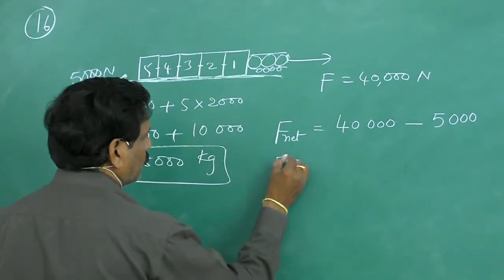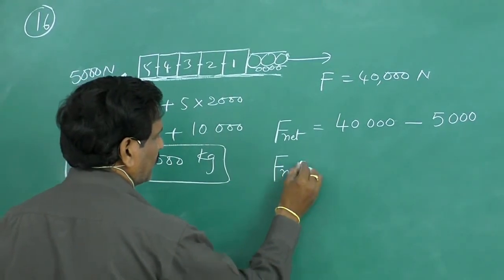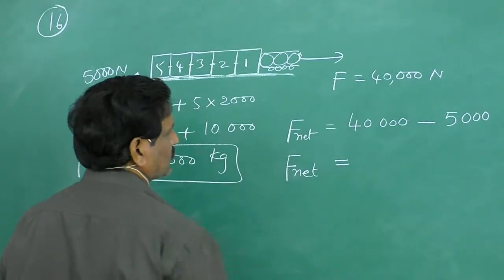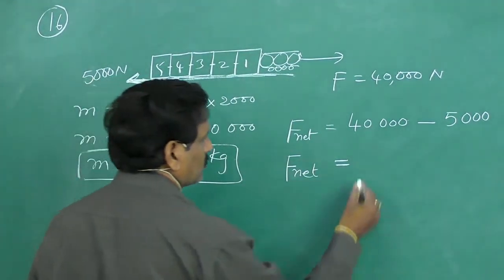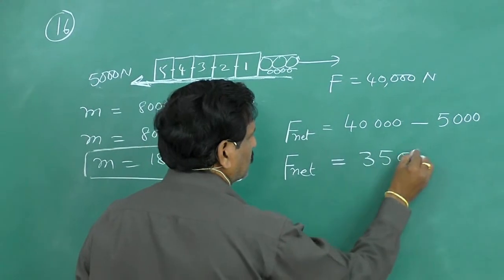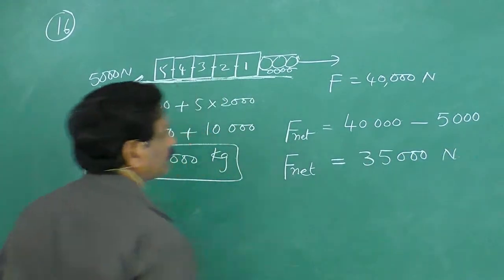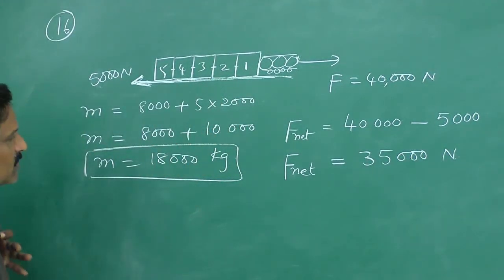So the net force acting on the train is 35,000 Newton. Because of this 35,000 Newton, the train, that is engine plus wagons, is moving and acceleration is produced in the system.